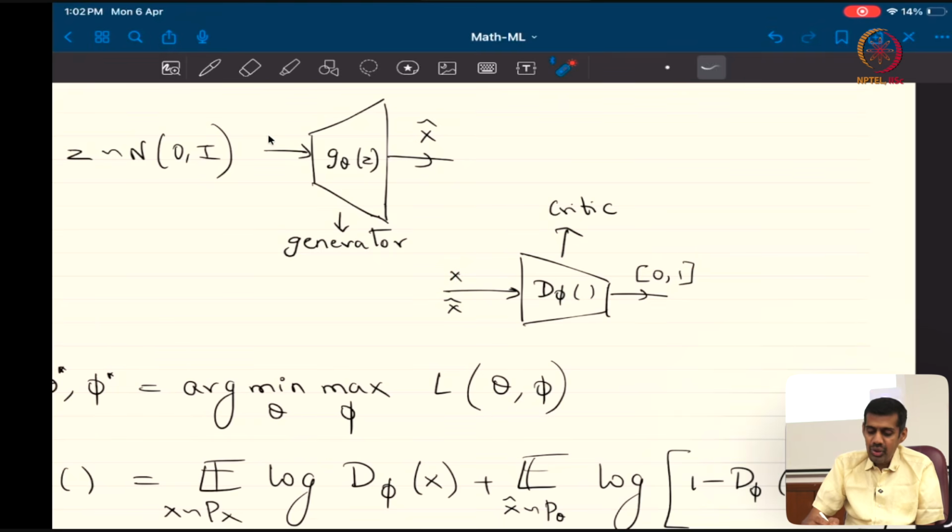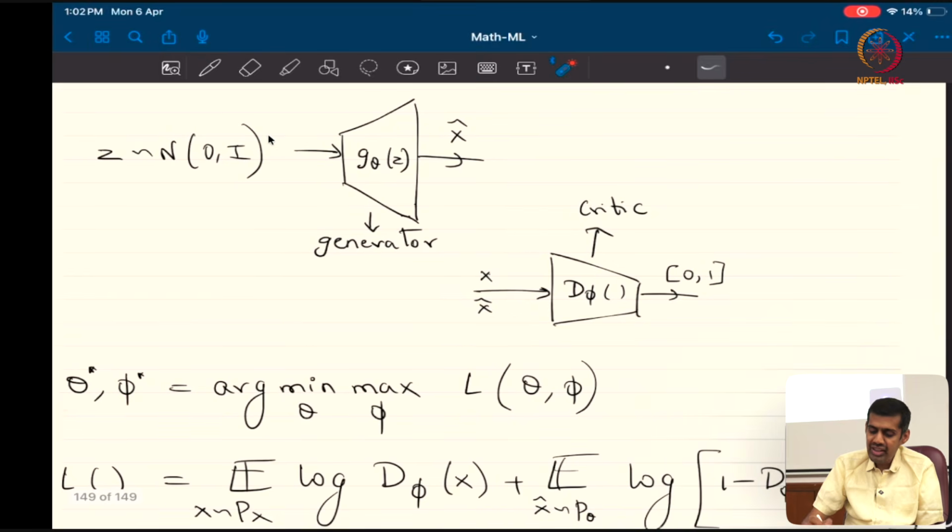And what is this generator trying to do? It is trying to minimize the exact same loss function, which is saying that make this classifier not a good classifier, make this classifier fail. Now what is this discriminator trying to classify between?